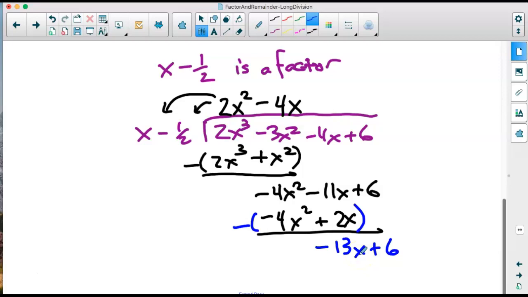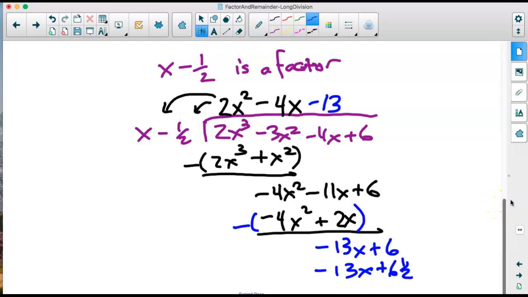Because when I divide this, this has got to be negative 13. So negative 13x, then half of 13 is a positive 6.5. So we're off by a half. So something went wrong here. It's not a factor. And if it's not a factor, we can't find the other two factors.